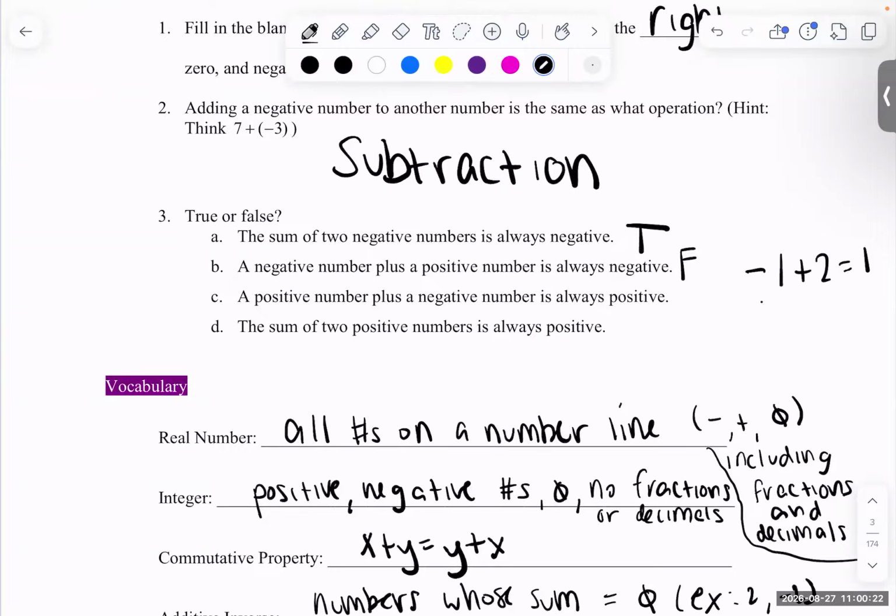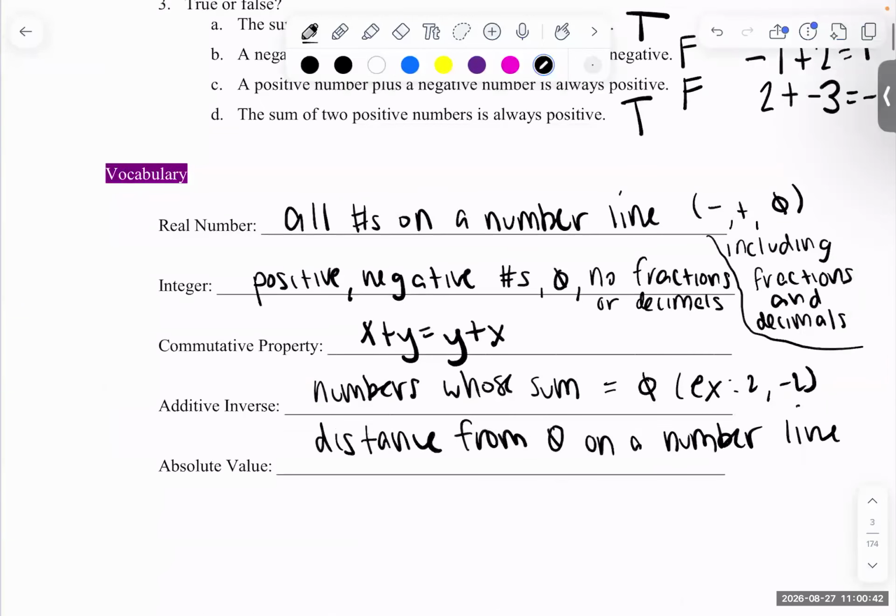Also not true. If I have 2 plus -3, that is -1, so this also doesn't work. And the sum of two positive numbers is always positive. That is true because you're getting more positive. So the only time that the sign is going to stay the same is when you're adding two values of the same sign.